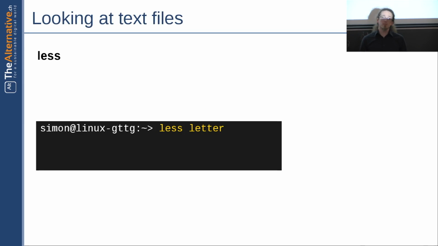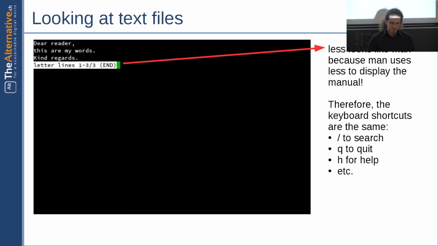If you just want to look at a file, you don't need to open it in a text editor and maybe make an unintended change. Less will open a file for you to look at it. It takes a file as an argument. We want, for example, to look at this letter. We type less, and it displays the letter.